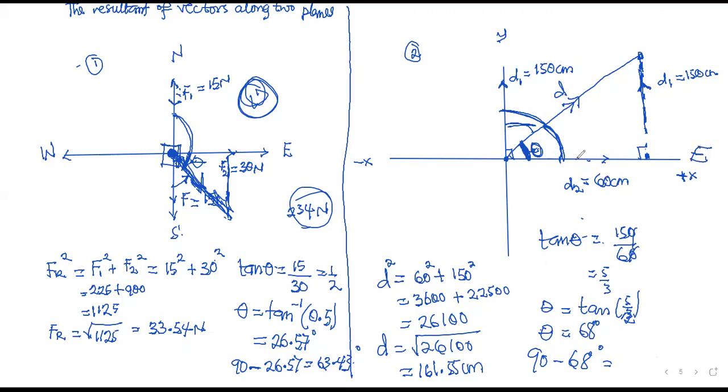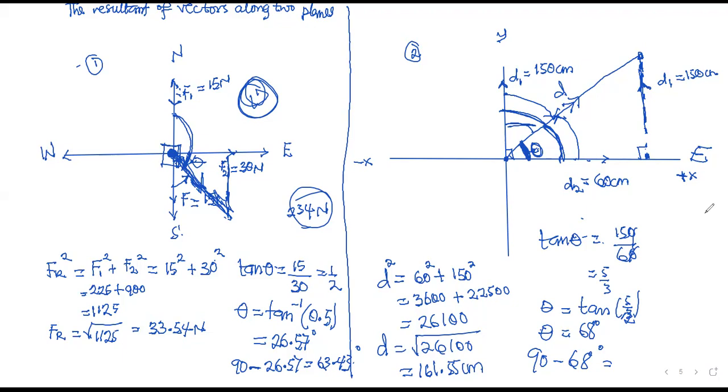When you measure 68 degrees counterclockwise, you can locate the resultant. If you are at the north and you measure an angle of 22 degrees, you can also locate the resultant. All right, so that's the direction of the resultant.